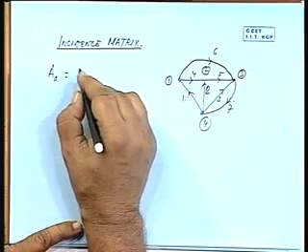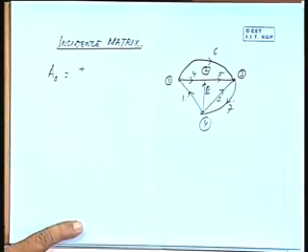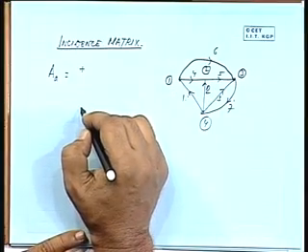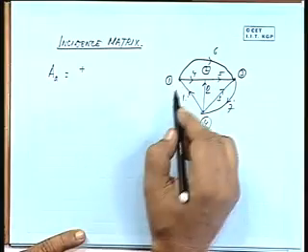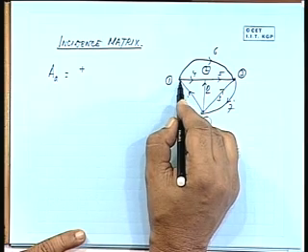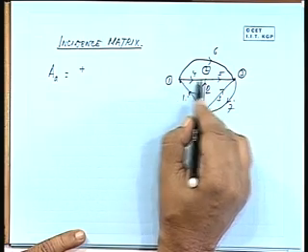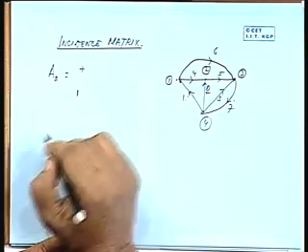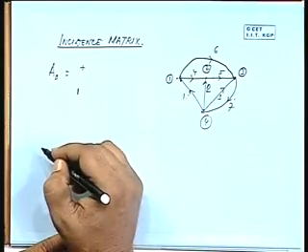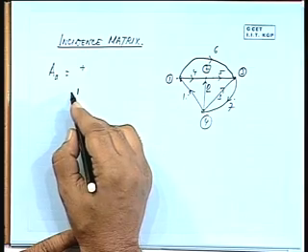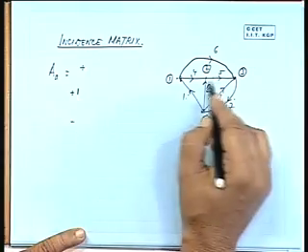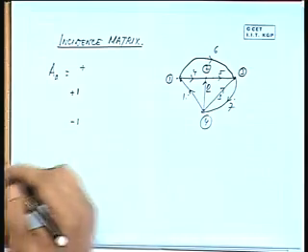We give a sign +1 when it is going away from the elements in the A matrix. We will put +1 when it is going from node 1 to 2. If it is going away from 1 to 2, then against the node 1 we will put +1 sign, and against node 2 we will put -1 sign where it is entering.